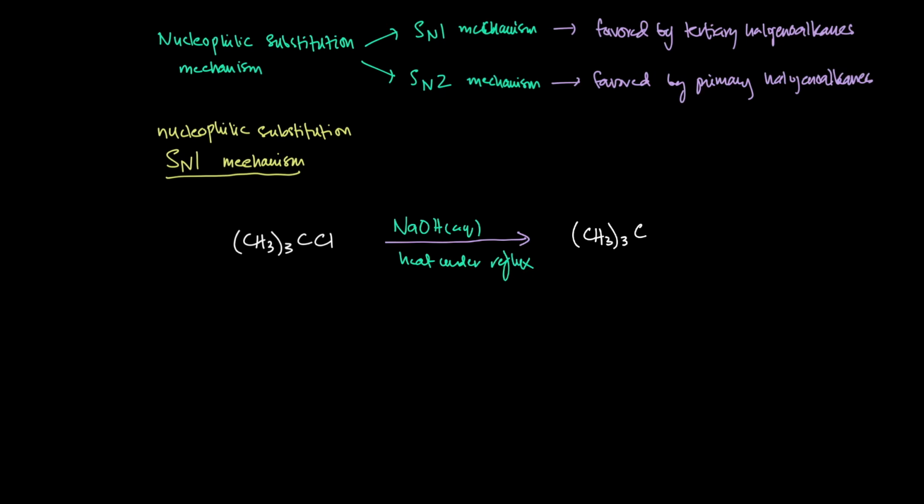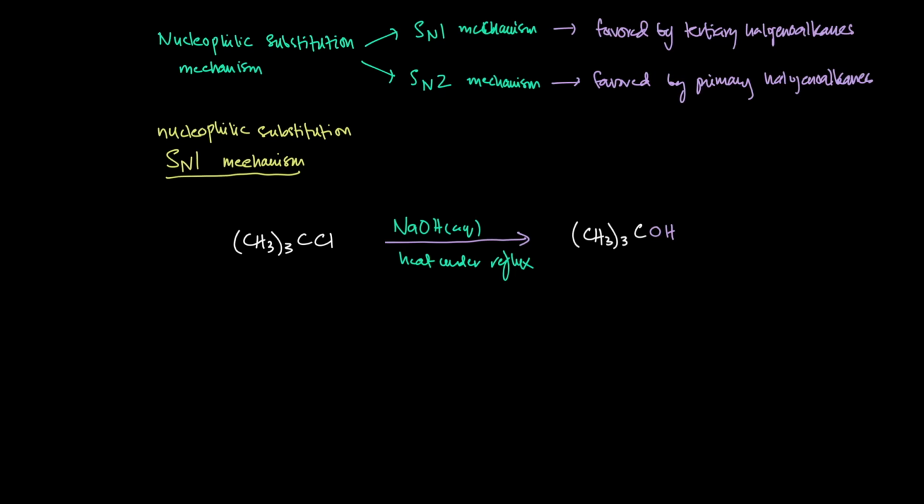So you have substitution of the Cl with an OH. Obviously you're also making NaCl here. This is not the overall equation. This is just showing you the main organic reactant and the organic product.